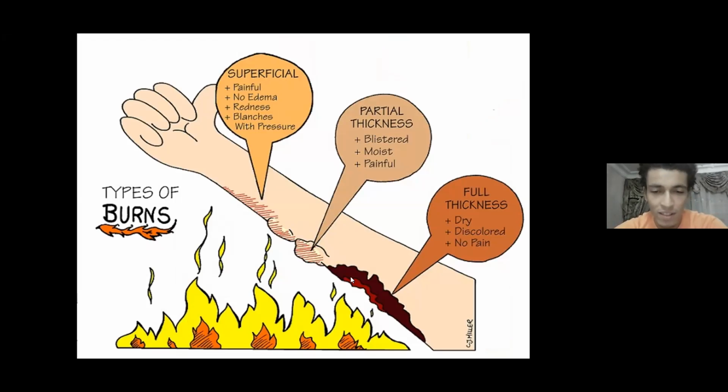It's very stressful to see. The superficial one is the most painful, with no edema, just blanching when you press on it. The second one is also painful and has some blisters and bubbles that you don't have to pop. And the third one, immediately take him to the hospital.